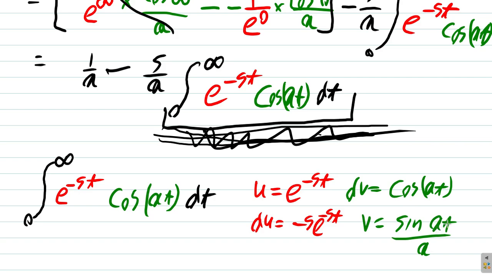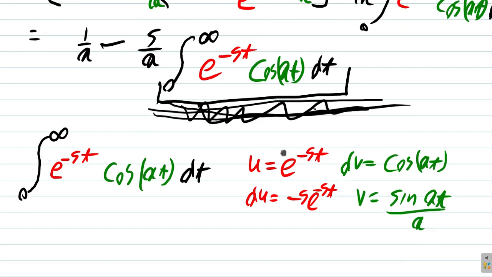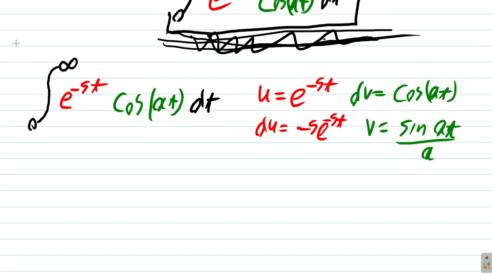You'd have to divide by a if you remember your integration by substitution. So what we have here is the integral. Let's call the first integral I1, just to shorten things, and let's call this I2.